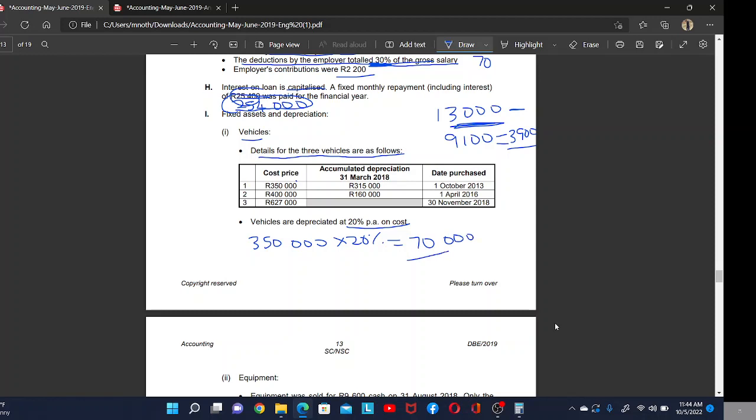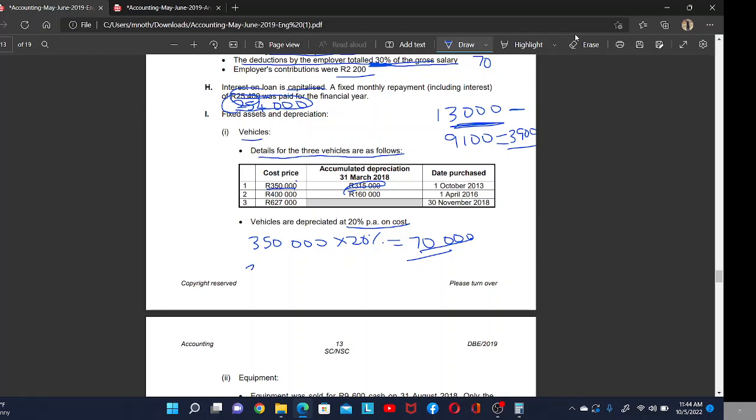But now if you check the accumulated depreciation and the depreciation, if you add them, you can see that they are exceeding the cost price, which is not right.